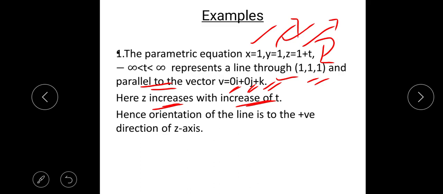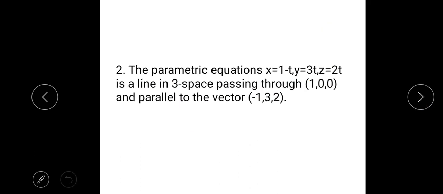Therefore, the orientation of this line is to the positive direction of the z axis. This is the graph of the given equation with the orientation.